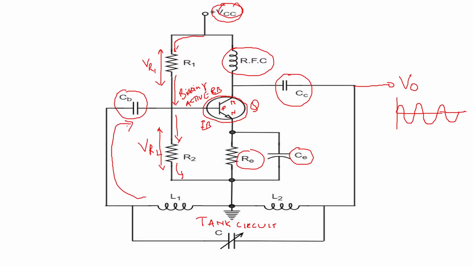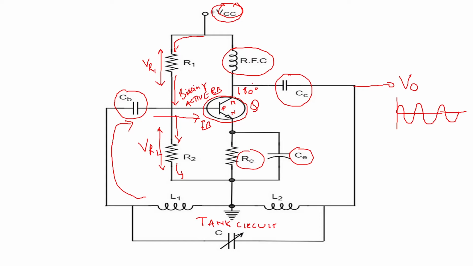Once the transistor has got an input here, that input will go through the base drive, and then you can see at the collector drive, when the input from the base drive comes to the collector drive, there will be a phase shift of 180 degrees because of the transistor. This transistor will give you an output in phase reversal, so there will be a phase shift of 180 degrees.